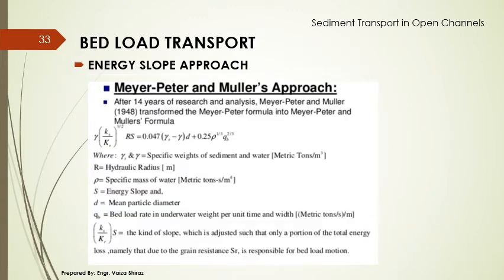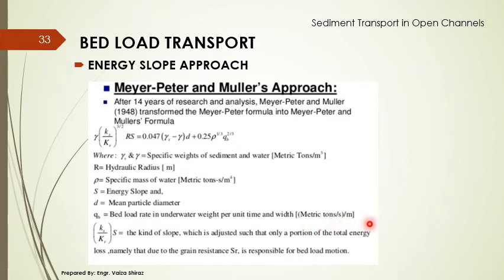Under the energy slope approach, you have the next formula, the Meyer-Peter and Mueller approach. After 14 years of research and analysis, Meyer-Peter and Mueller transformed the Meyer-Peter formula into the Meyer-Peter and Mueller formula, and this is the equation, and these are all the parameters mentioned in the formula. It gives you the bed load rate as metric ton per second per meter.